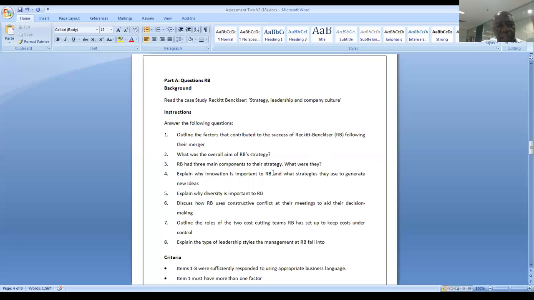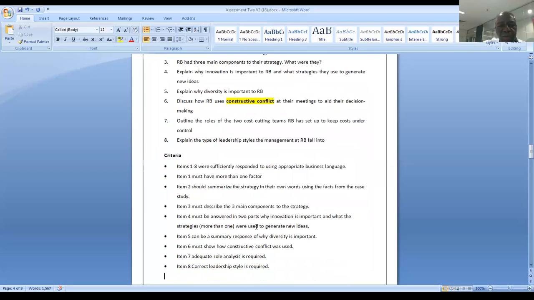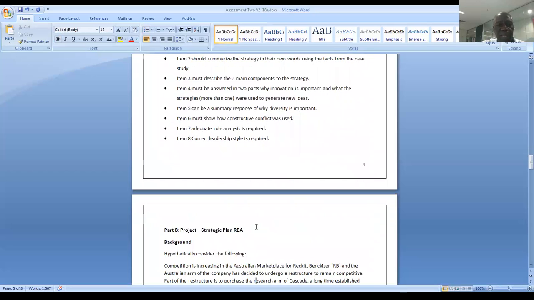Explain why innovation is important, explain why diversity is important, and discuss how RB uses constructive conflict. It's a very interesting concept, constructive conflict, which they have used to the benefit of the organization. So I really recommend that you get on board with this case study, read it, and take some of these ideas to be your own.